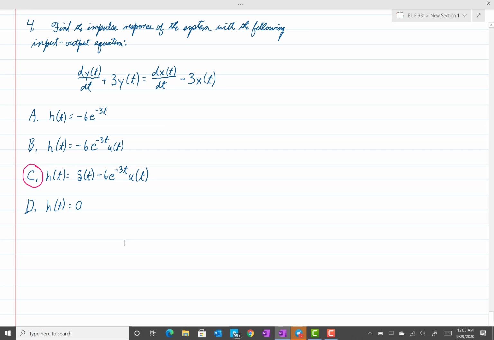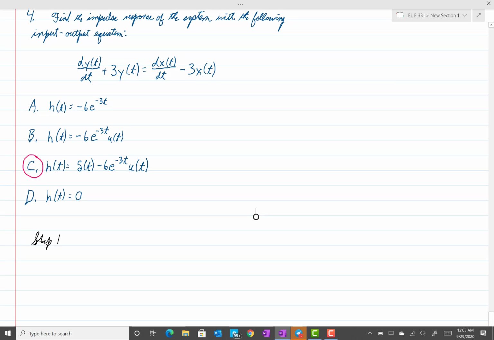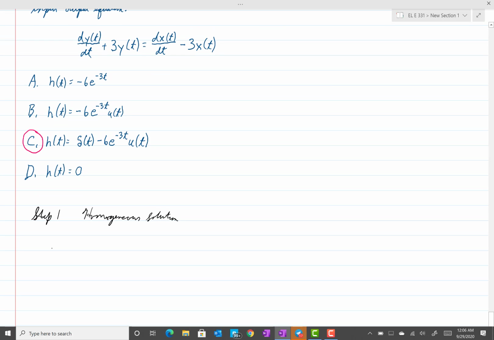So, as we have said on these kinds of problems, the first step is to find the homogeneous solution for the left-hand side. We're going to denote the homogeneous solution as usual by y sub h.